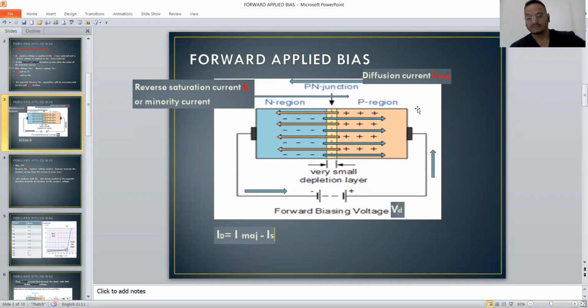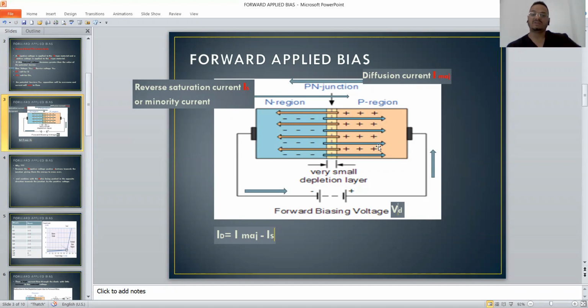We will explain all this information together: how the holes, the majority carriers in the P region, start to travel, moving by crossing the depletion region to the N region, and how the majority carriers in the N region start moving to the P region by crossing the p-n junction, and what will happen with the depletion region, W_D prime here.